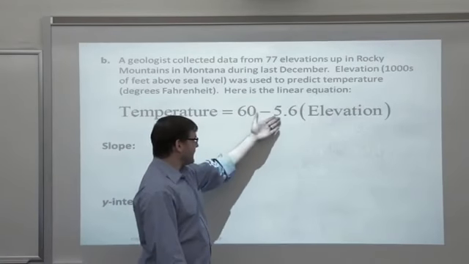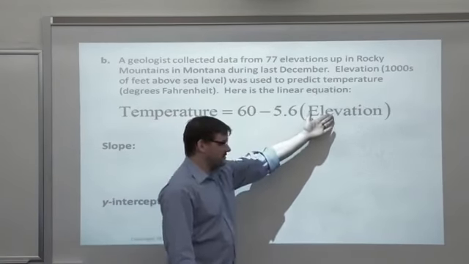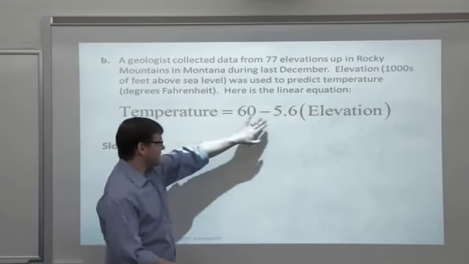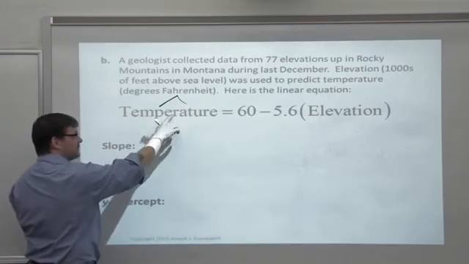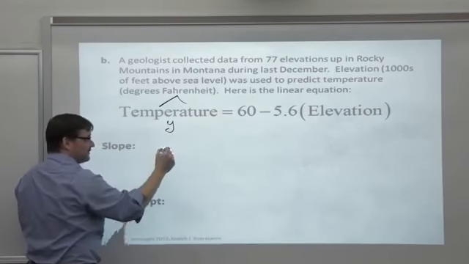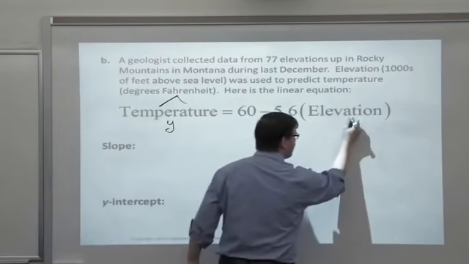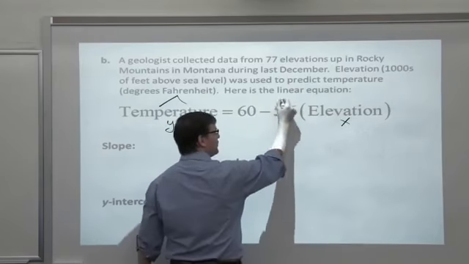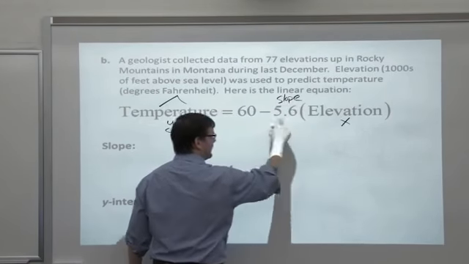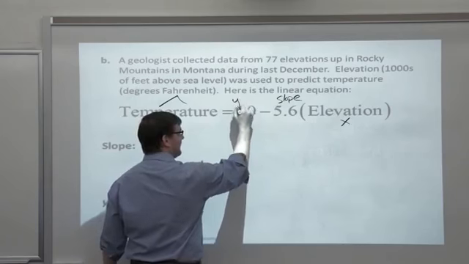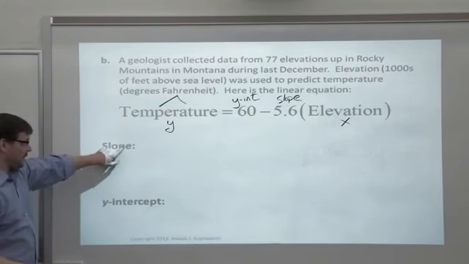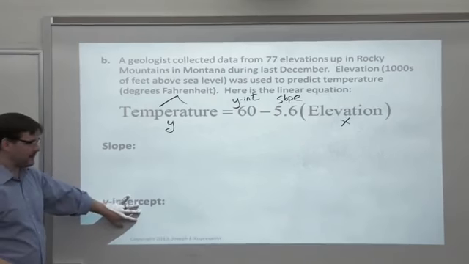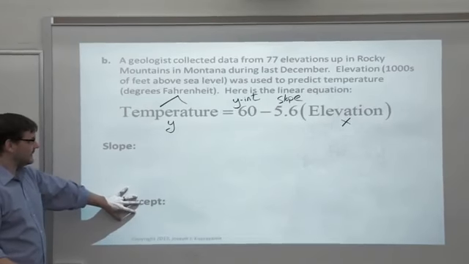I see a negative slope again. That's telling me yes, as elevation increases, temperature tends to decrease. We'll put a hat on temperature. We're predicting temperature. Again, this is our y value. X is elevation, the slope is the minus 5.6, and this is the y-intercept. Interpret the slope in context. Interpret the y-intercept in context.